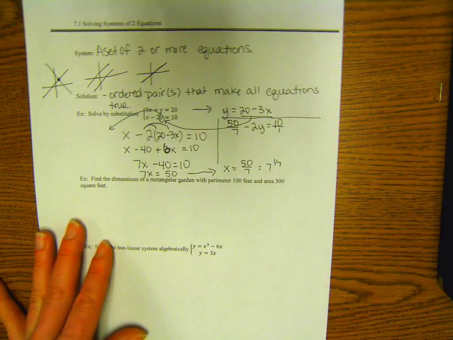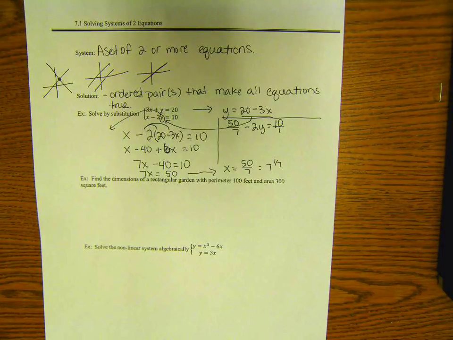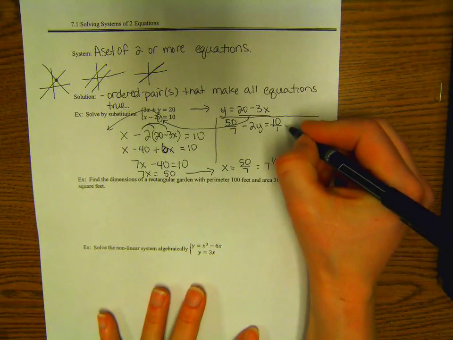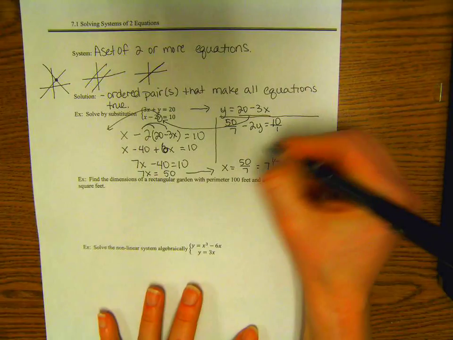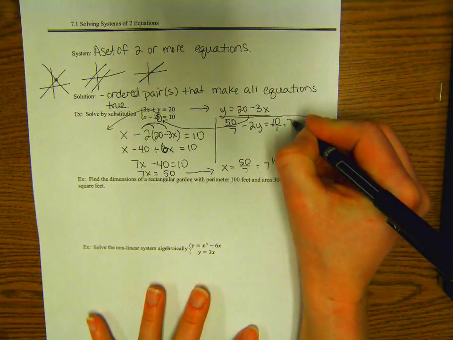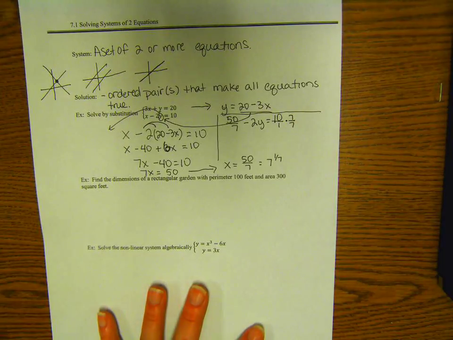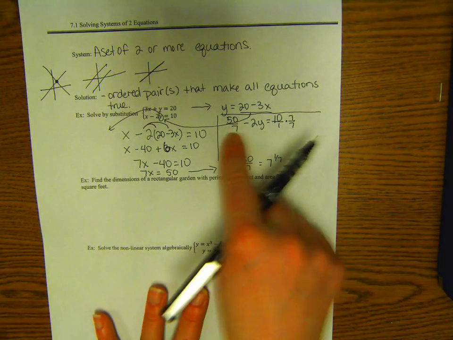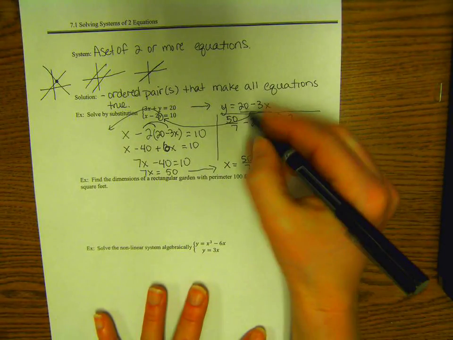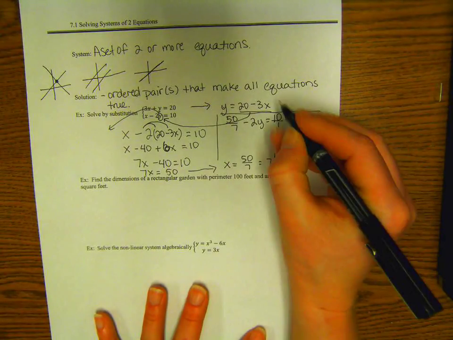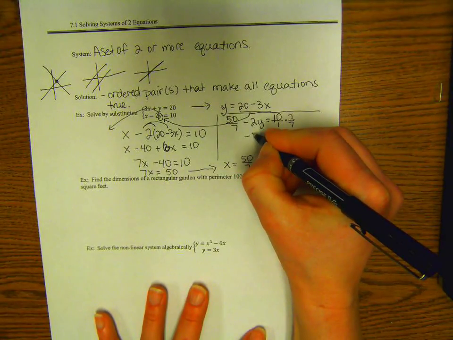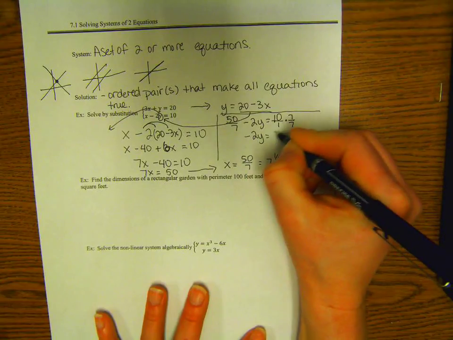Because I'm going to be moving a 7th to the other side, I'm going to multiply this by 7 over 7. And then I'm going to subtract 50 sevenths from both sides. So now what's going to be left on the side? Negative 2y equals 70 over 7 minus 50 over 7.